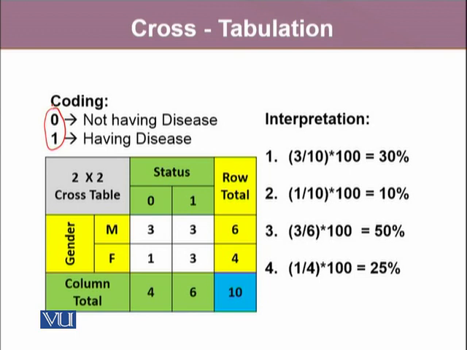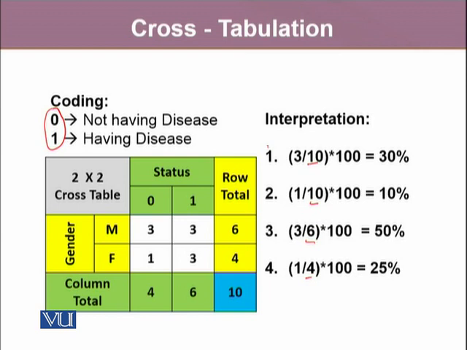So over here, if we say 0 represents not having a disease and 1 represents having a disease, then in our data we can look at and interpret this table in different dimensions. It all depends upon what goes into the denominator of this fraction.